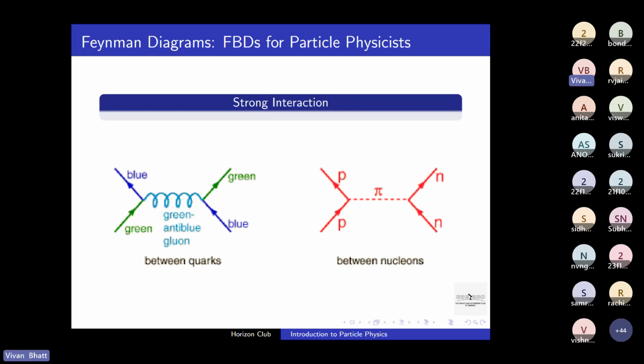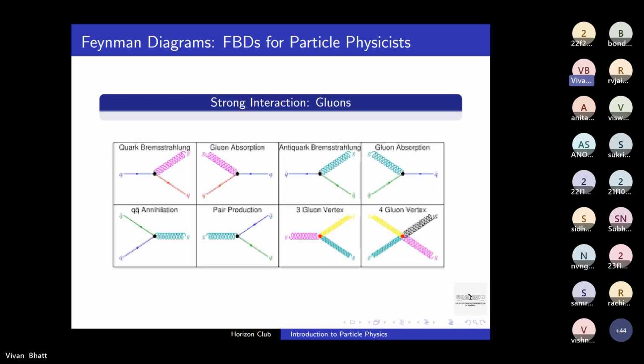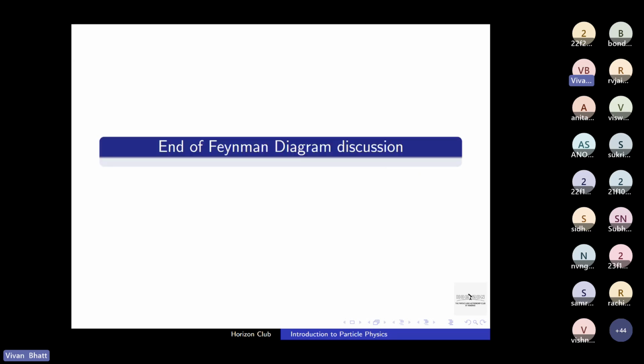So there are 8 gluons depending on their color. You have one photon, you have three vector bosons, W plus, W minus, and Z, and you have 8 gluons, with the different color combinations. These are all of the allowed vertices for the strong interactions. And that is it on quantum diagrams.